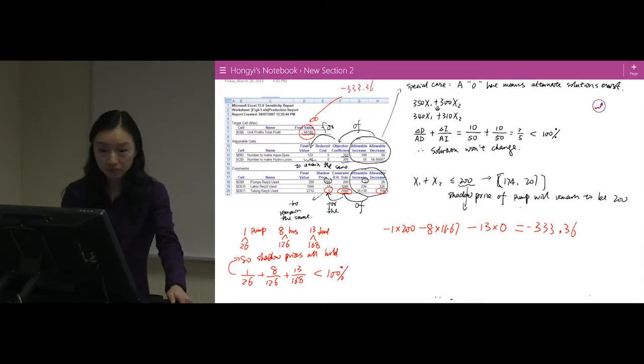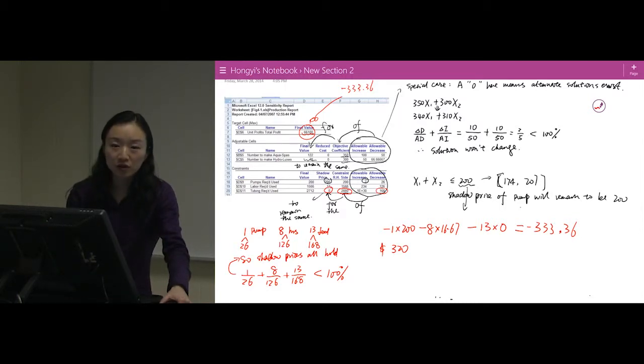That's the total amount of money that we are taking away, so negative 333.36. But this Typhoon Lagoon also makes some money, right? It makes $320. If we just produce one of them, we're taking away this much because of the resource. We won't have enough resource to make this 122 and 78.